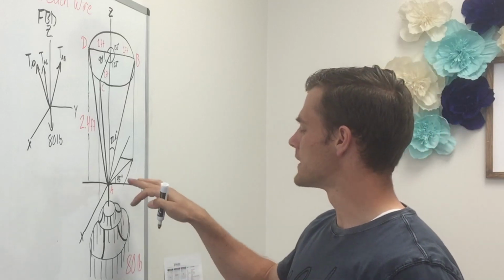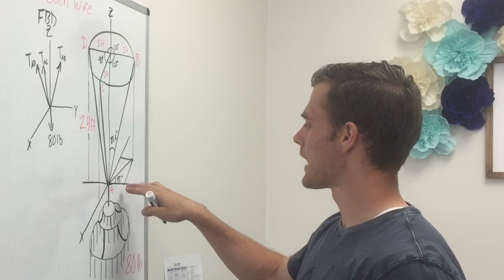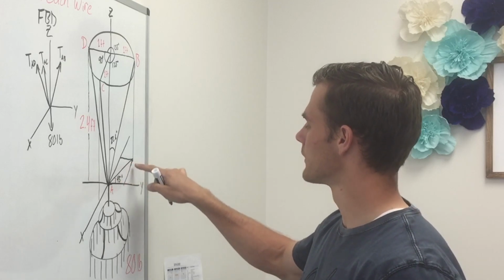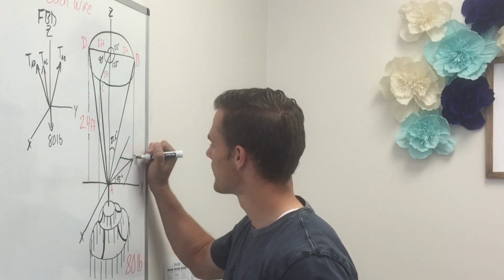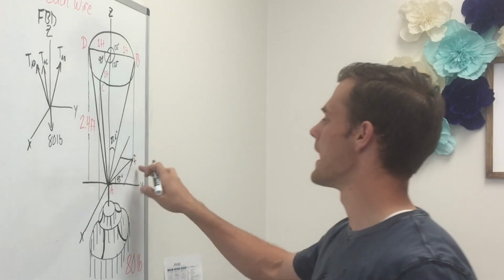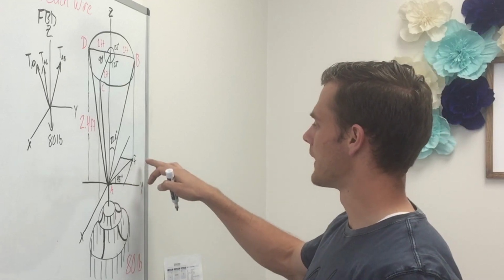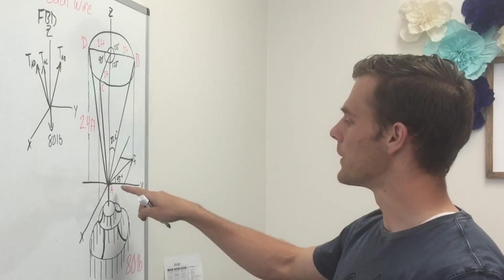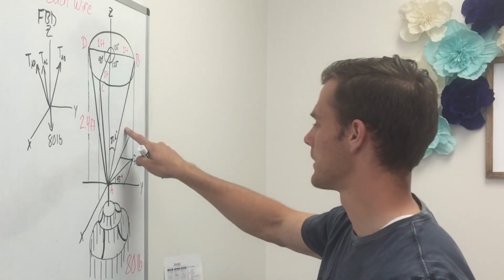Or in other words, the x and y components of this force are going to be the same. And if we take the cosine of 45 degrees times this component right here that we'll call F for now, we'll call this component force F. If we take the cosine of 45 degrees times the force F, we will get the y component of that force in the cable.